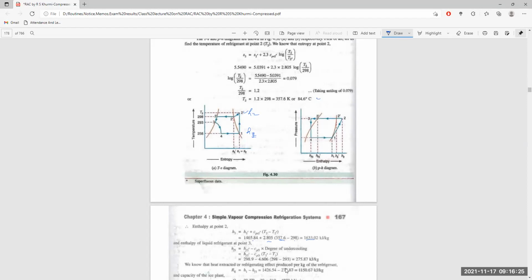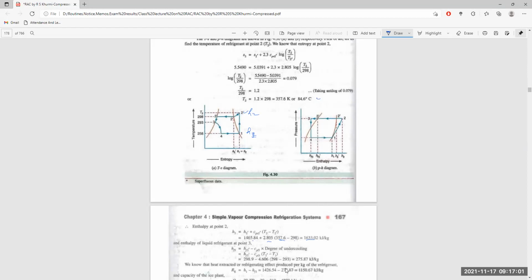And what is the enthalpy of the refrigerant at point 3, which means the point after the supercooling of the liquid refrigerant? It is given as HF3, which is HF3 dash, the enthalpy at point 3 dash, minus the specific heat of the liquid ammonia at high temperature, Cp3, multiplied by the degree of undercooling, which means how much the temperature is reduced from the exit of the condenser to the undercooling itself.